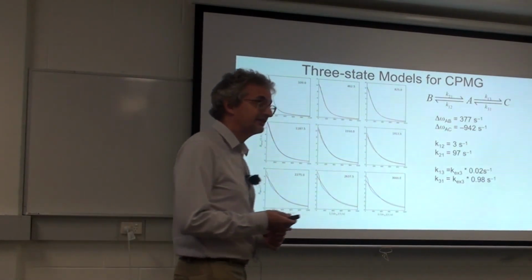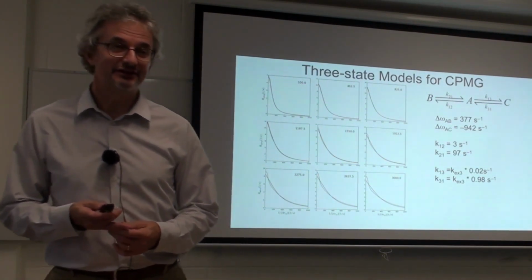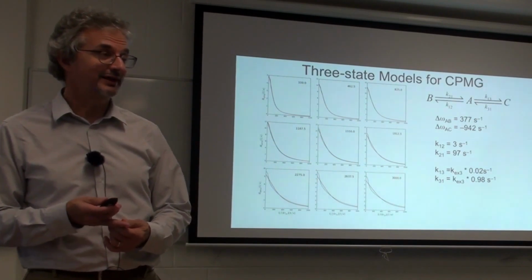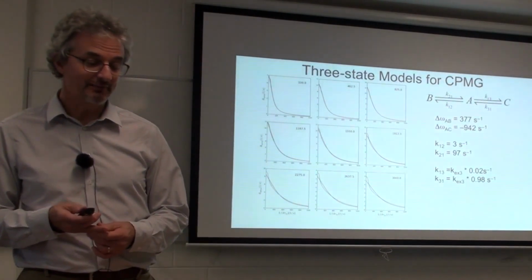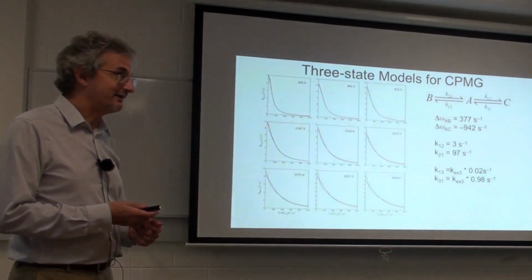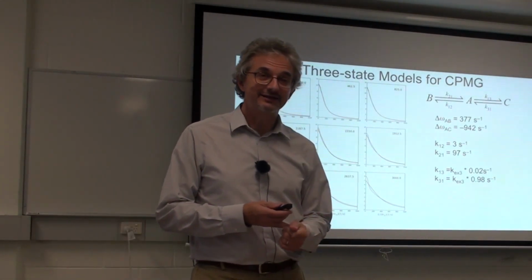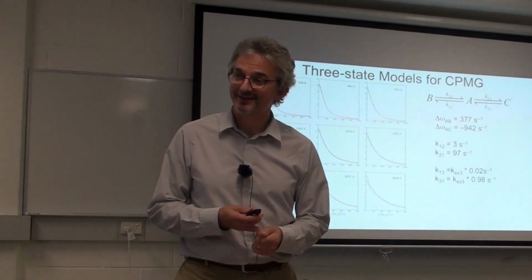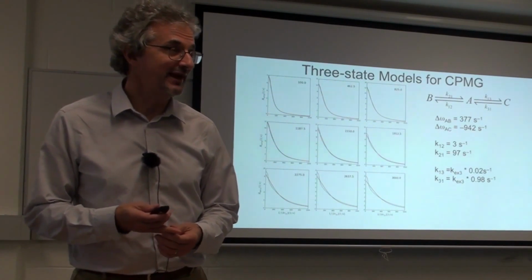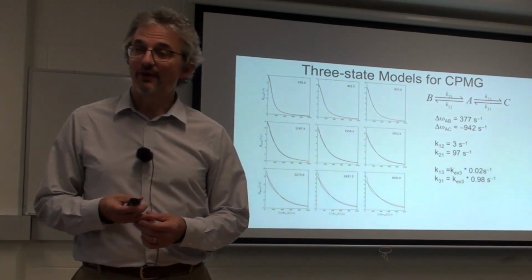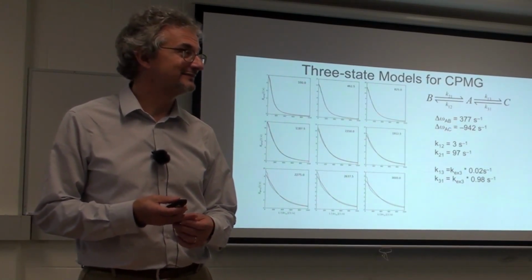So the CPMG experiments have been extremely popular for applications to proteins and nucleic acids. And there are many, many variants of them, some of which we'll talk about. But they have one drawback, and that is that they use a spin echo. And because the experiment uses a spin echo, one ends up only learning the absolute value of the chemical shift difference.